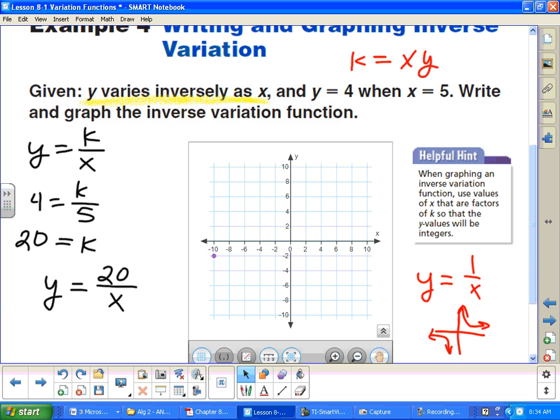If x is negative 5, y is negative 4. If x is negative 4, y is negative 5. And if x is negative 2, y is negative 10. Or we would use those same positive values: 2 and 10, 10 and 2, 4 and 5, 5 and 4.